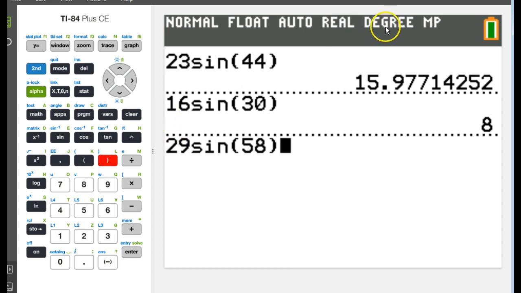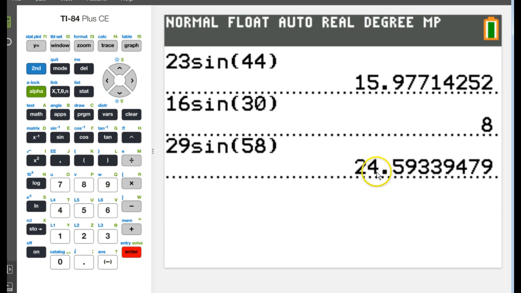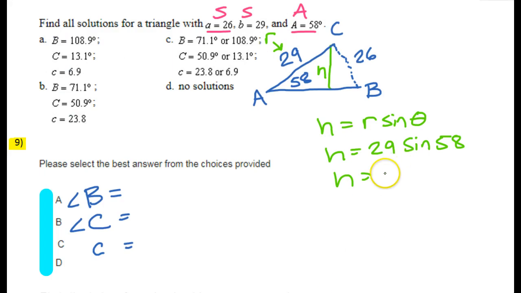Make sure you're in degree mode and not radian mode. So this is 24.6. The point of finding this height is just to make sure that your rope is long enough to reach the ground. So the height of the triangle is 24.6.